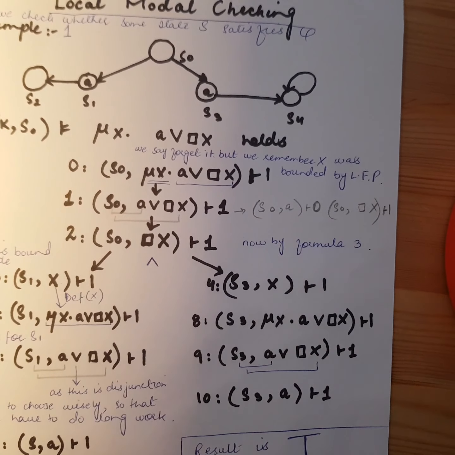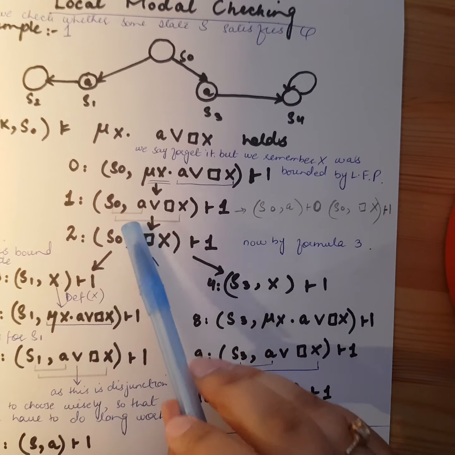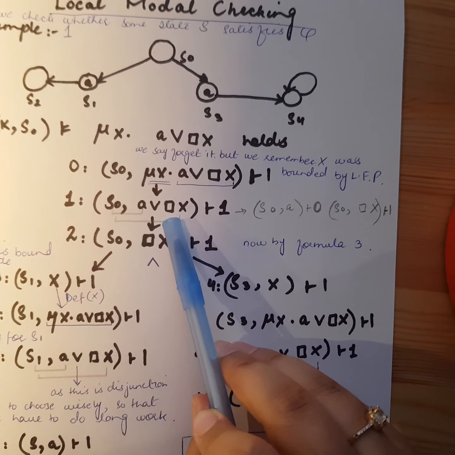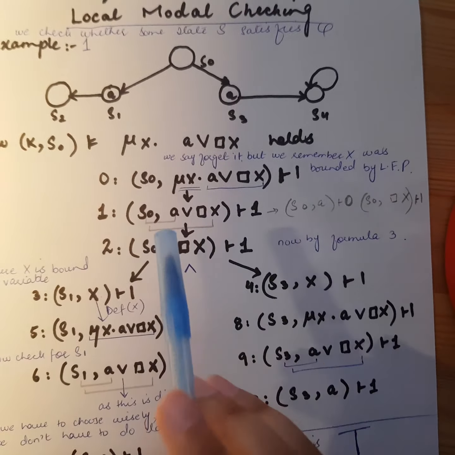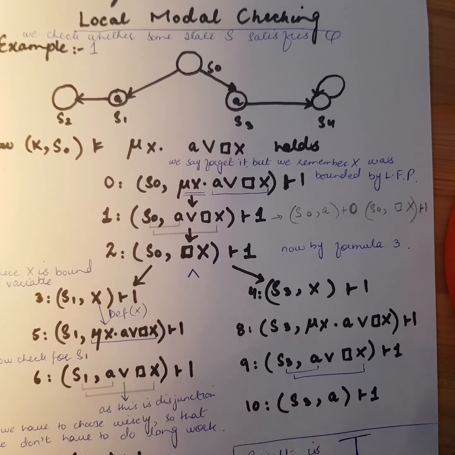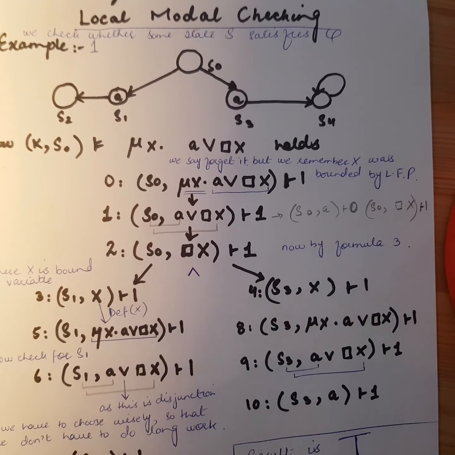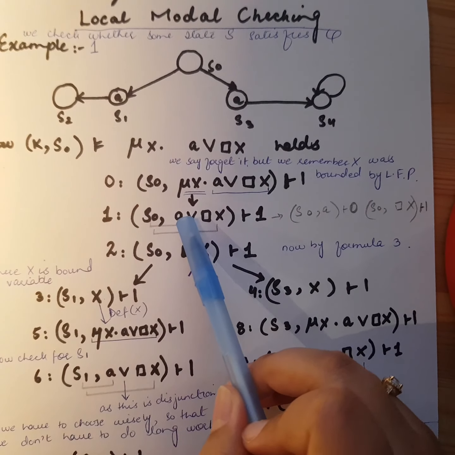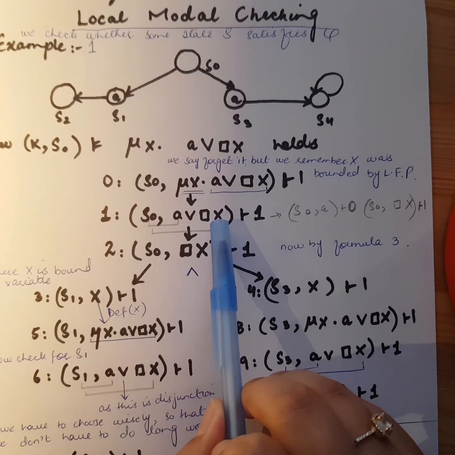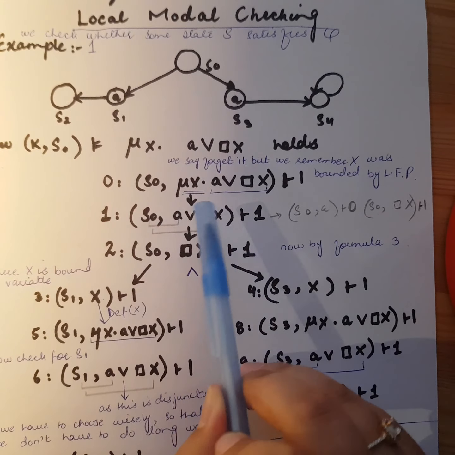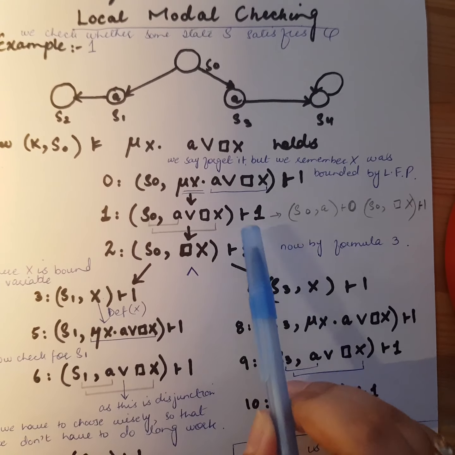Now the second step: it's A or box x. As it's an OR condition, one of the answers should be correct. We have to check S naught and A, and then S naught and box x. If one of them is true, the answer will be true.